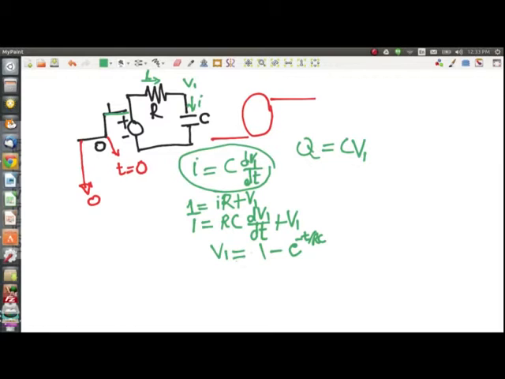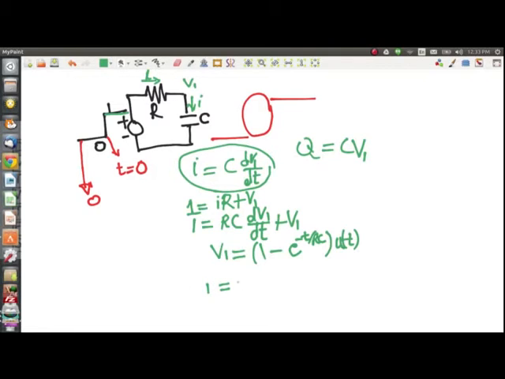And if you substitute this, then it all works out, because there's a differentiation. The differentiation of a constant is 0. The differentiation of an exponent is this part would just come down. So 1 should be equal to this whole thing into u(t). It only exists after time t equal to 0. Before that it's 0.